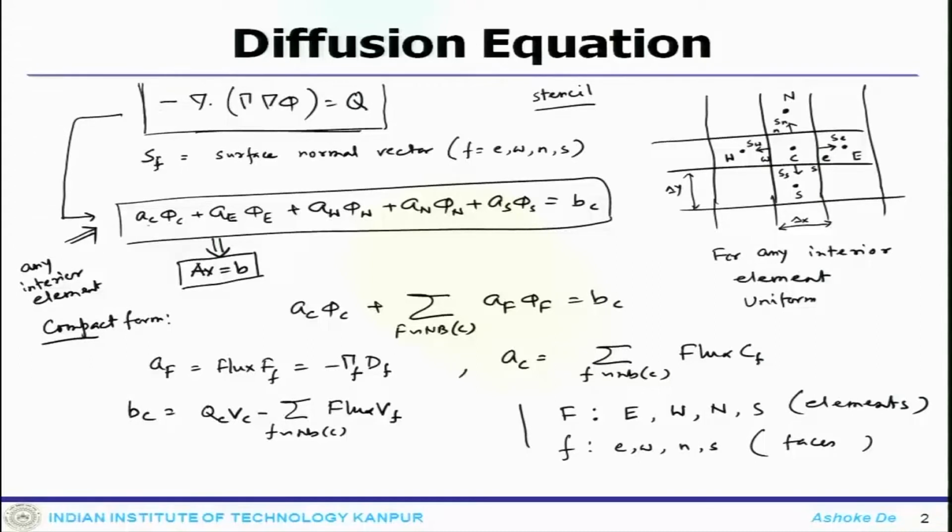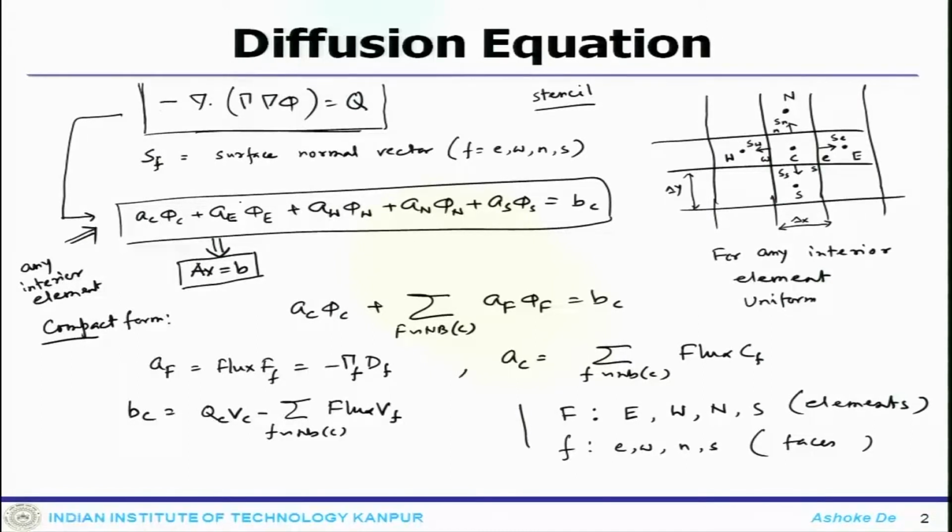Essentially this is the governing equation. Now, this is valid for all the interior elements, but when it comes down to the boundary element or the face at the boundary, this particular equation needs to be modified. For example, when we had a boundary at the east face, the contribution for this cell drops down.